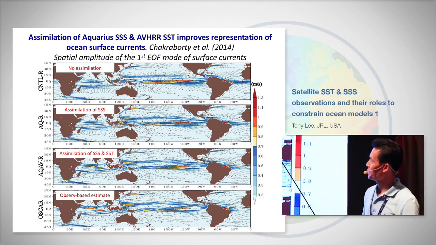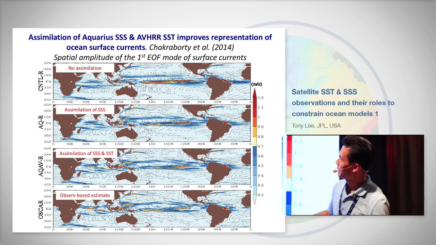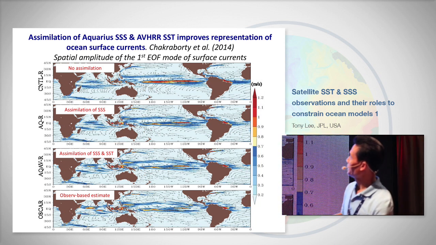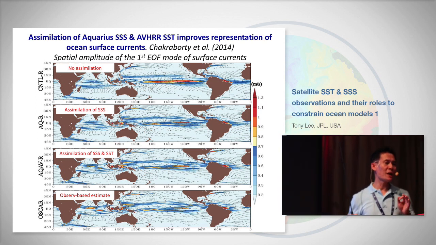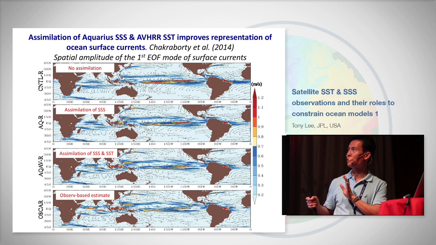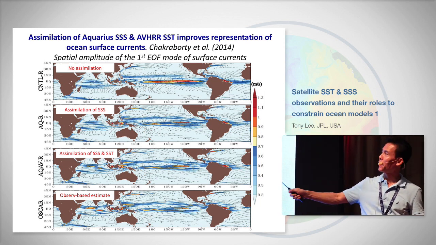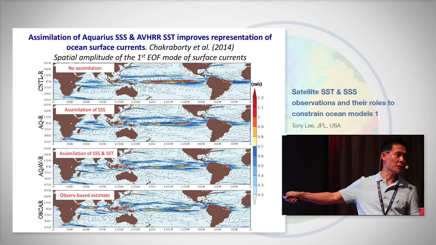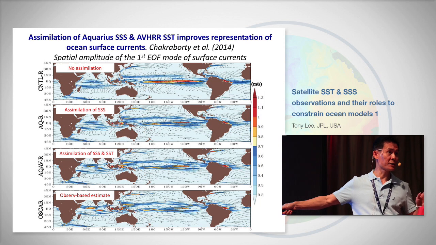In the top, it shows the surface current, speed and vectors. Sorry, this is actually the EOF pattern from the surface current, not the time-mean current. The EOF from the surface current from the model run without data assimilation, and with assimilation of the Aquarius salinity, and with the assimilation of Aquarius salinity and AVHRR SST.